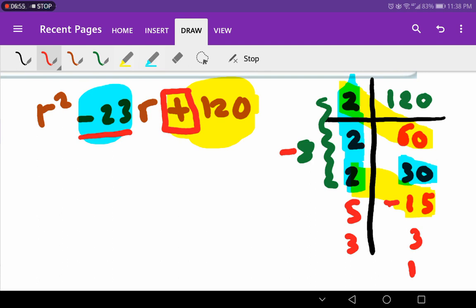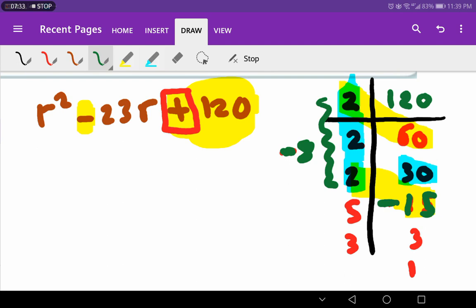If here is positive, that means the two factors have the same sign, so maybe positive, maybe negative. But which one tells me if it is positive or negative? This sign, my dear student, tells me that the two factors here, the 15 and the 8, both of them are negative.